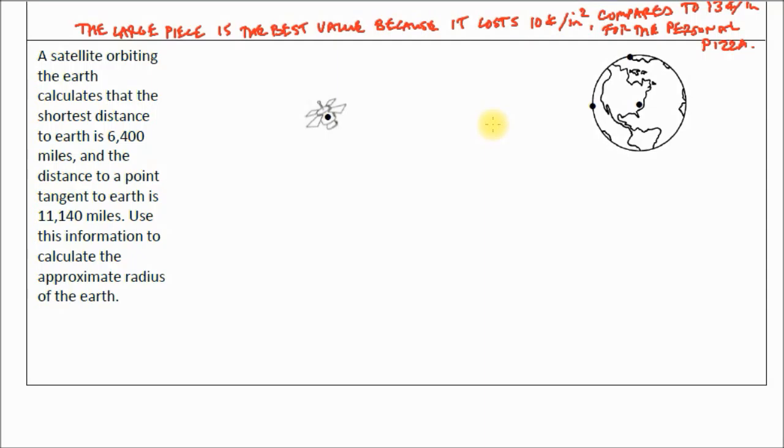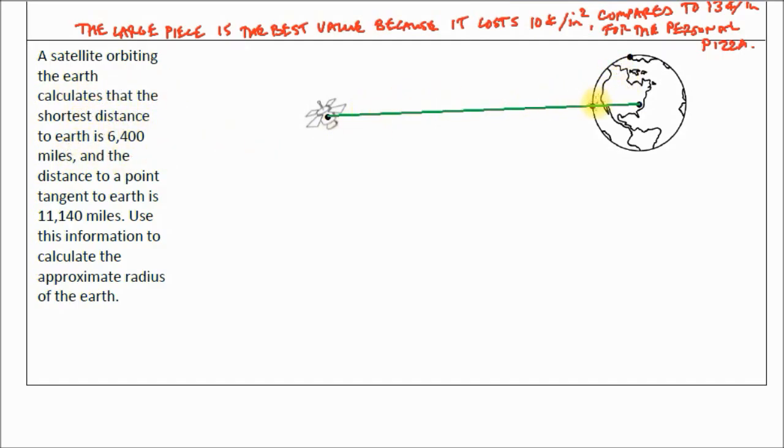Alright, so let's draw on the diagram what we know. The first thing I'm going to draw is a line segment from the satellite to the center of the Earth. And I'm going to note something very important, class: it says it calculates the shortest distance to the Earth.